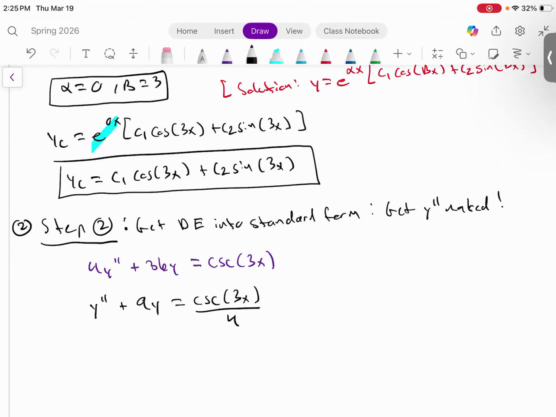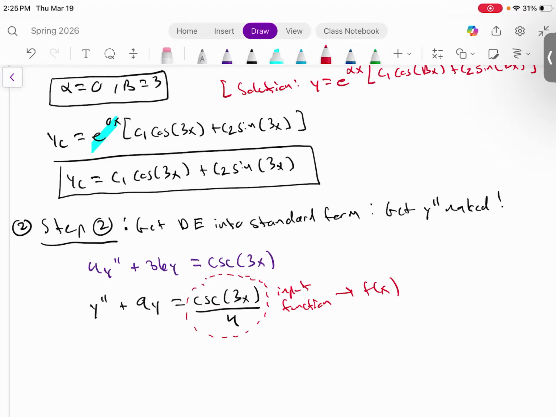Okay, and so now this new function on the right-hand side, since we put it in standard form, this function right here, cosecant 3x over 4, this is my input function. And so what that means is that it is f of x.